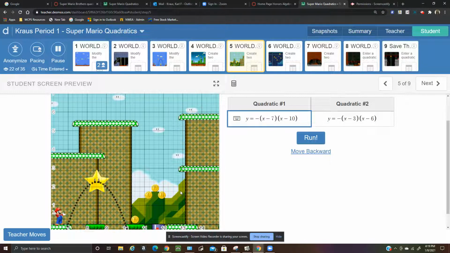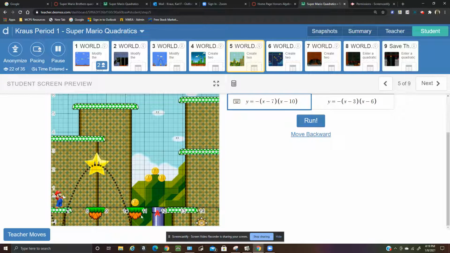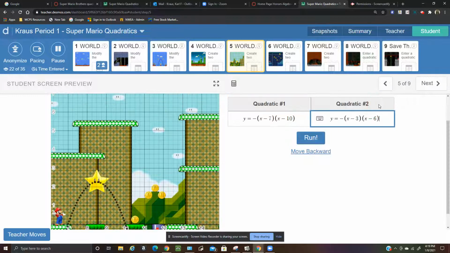And then this other bridge, let me try to go ahead and use the vertex on this one. So 11.5 and 2. y equals negative a times (x minus 11.5) squared plus 2.